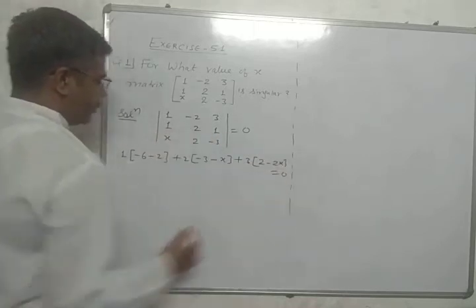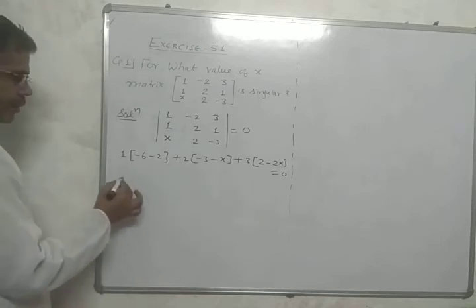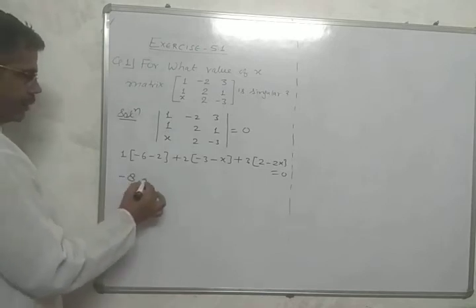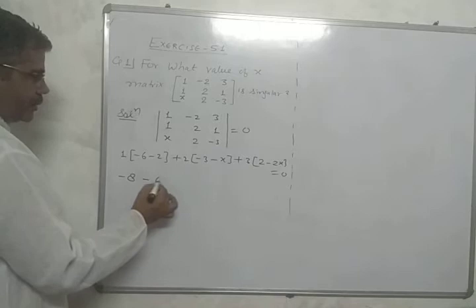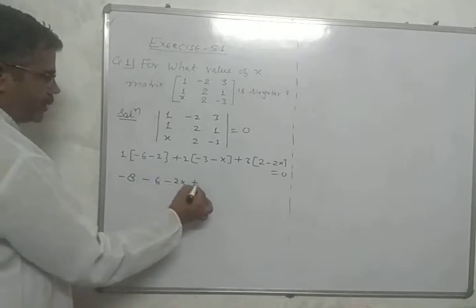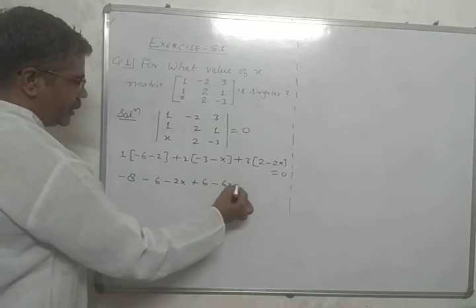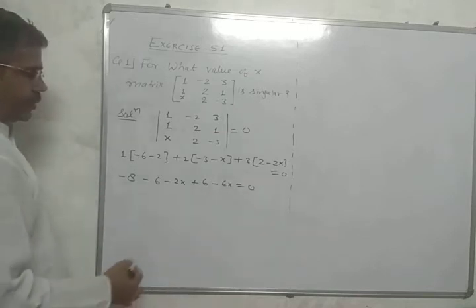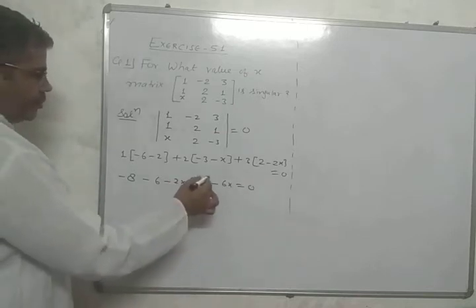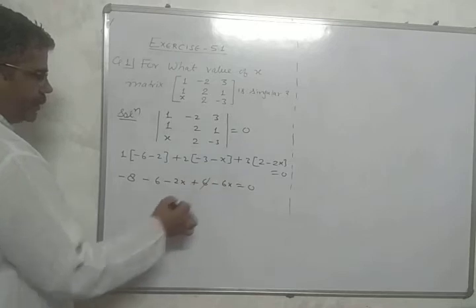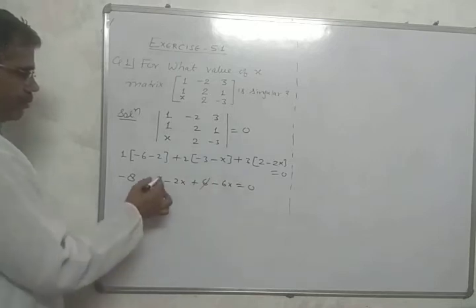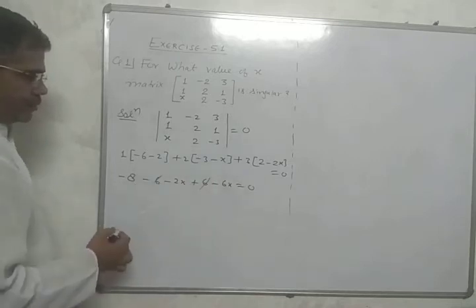It equals 0. On simplifying, minus 8 minus 6 minus 2x plus 6 minus 6 equals 0. Plus 6 and minus 6 cancel out.